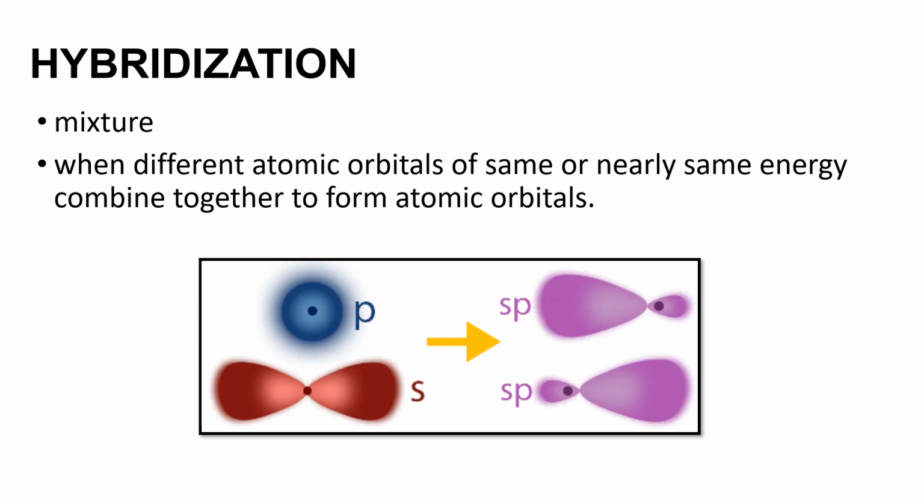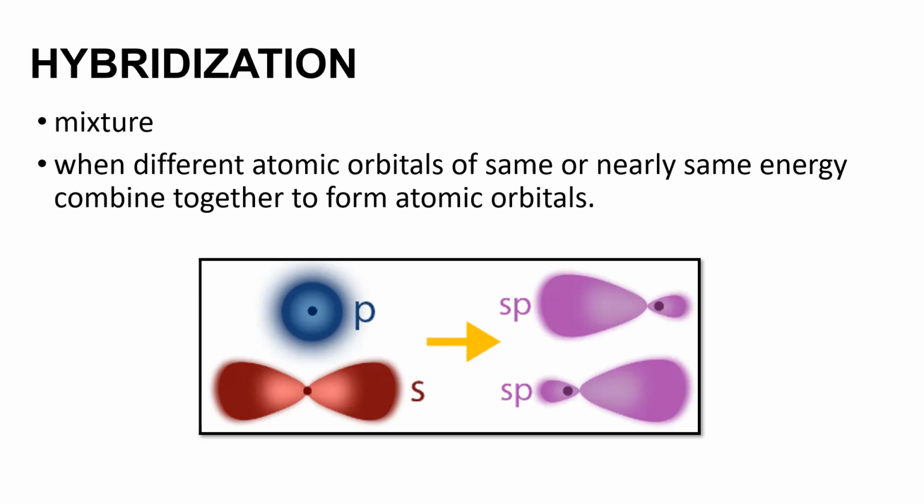So, what is hybridization? Hybridization of atomic orbitals means a mixture. For example, when you mix salt plus water, you get a mixture. Also, when you mix sugar plus water, you also get a mixture.